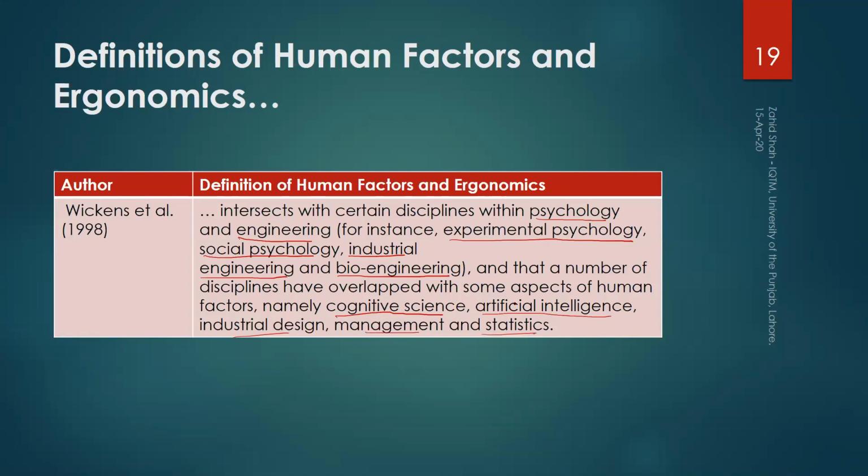Of course, you don't need to really understand the definition of all these fields right now, but you can get an idea that at least you are seeing psychology, and not mentioned here actually is physiology, and of course knowledge of engineering and statistics. Almost every definition emphasizes the multiple disciplines that are involved in ergonomic studies.